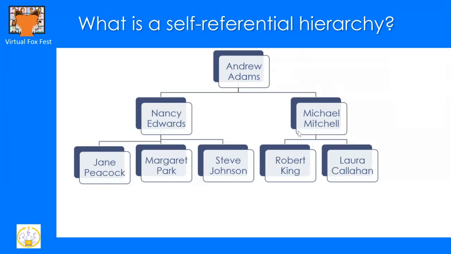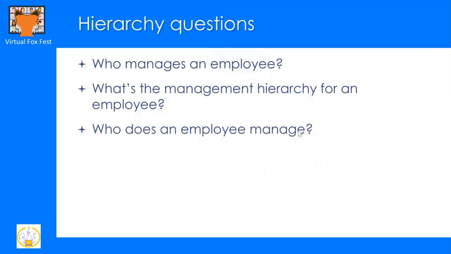So in Chinook, we have an org table. This is the org table for Chinook. There are some questions that we might ask about hierarchical data like this. For an org table, these are questions that I can imagine wanting to know the answer to. Who manages a given employee? For a given employee, what's the entire management hierarchy?